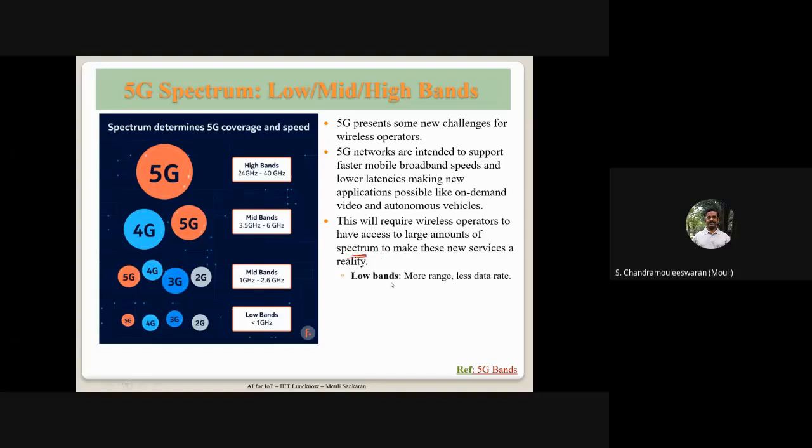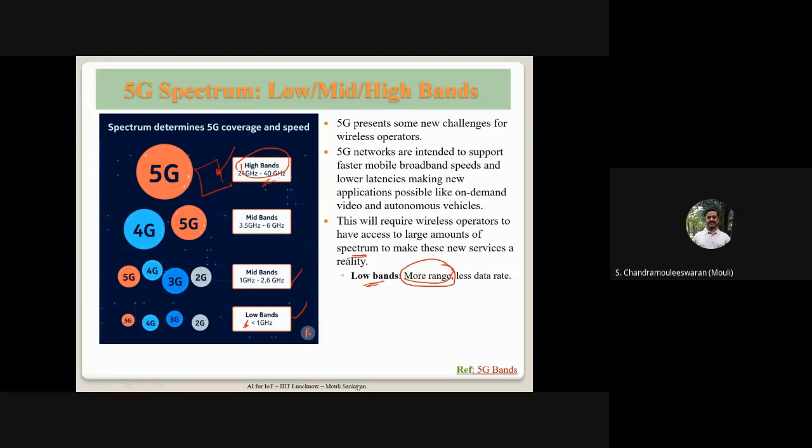In low band, at low frequencies, you can achieve higher range, because the atmosphere does not absorb these frequencies, whereas high frequencies get absorbed in the atmosphere. They also cannot enter buildings; those kinds of restrictions are there in high band.